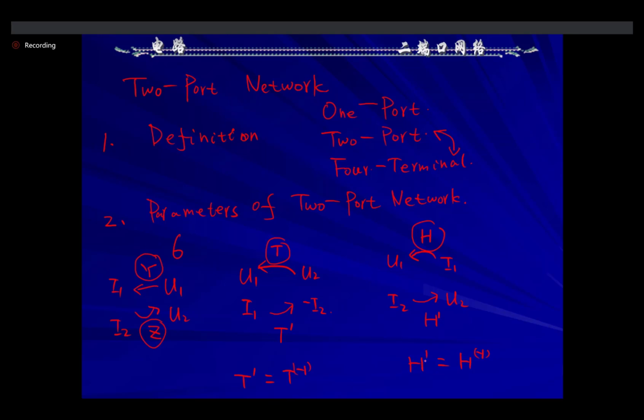This will be simple, so we don't introduce them. For all of you, you should know how to calculate the two-port network Y, Z, H, T parameters. These 4 parameter matrices are the emphasis of this chapter. Okay, today's class is over.